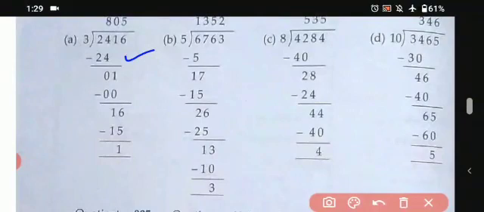We write 0 over here because 3 is bigger than 1, so we don't write the second digit. So 1 comes as it is, and we'll be writing 6 over here, then it becomes 16.